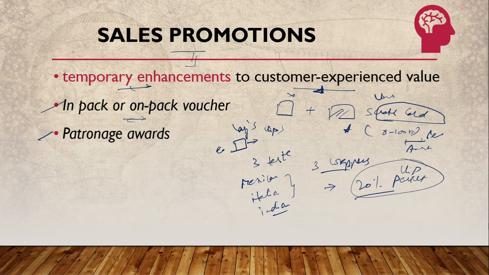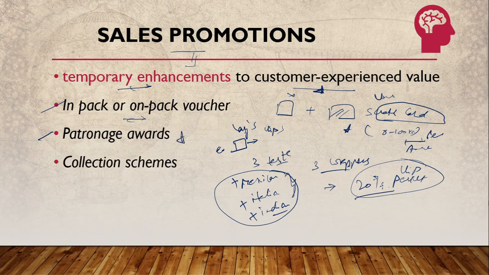So what you are doing is creating delight for the customers, because once they have these three packets, you are giving an additional discount on the fourth chip packet. This type of award is a patronage award.